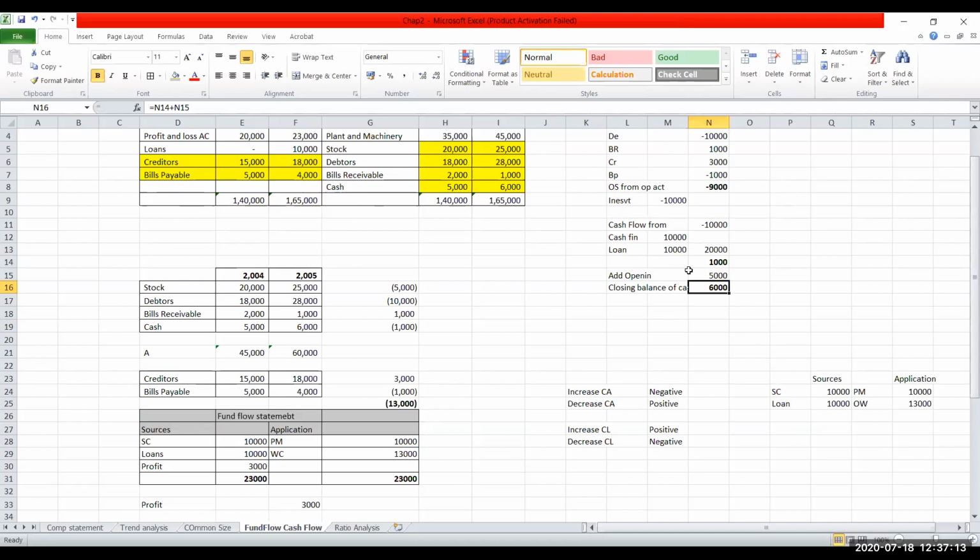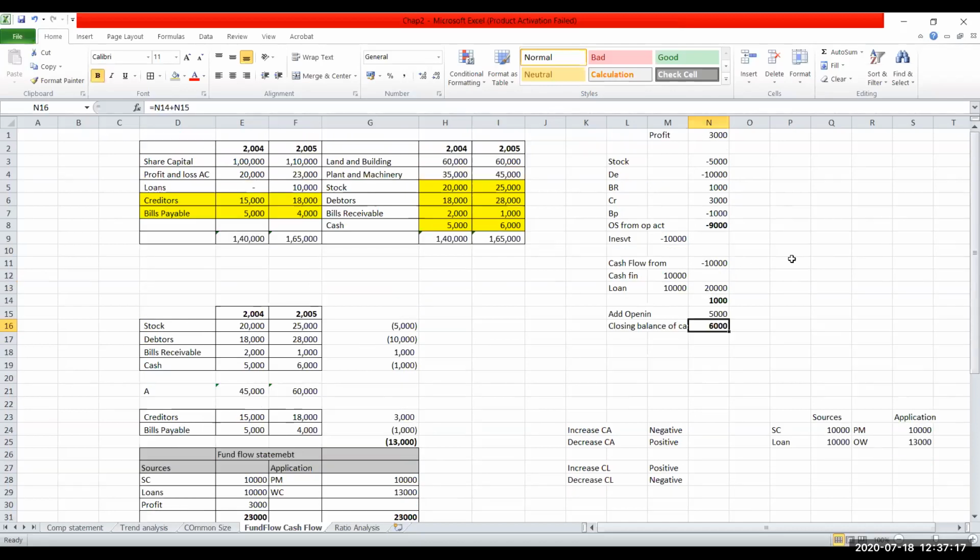So here you get what is the cash: last year it was 5,000, this year it is 6,000, and what is the profit, how the profit is reconciled. And one more thing, if there is a depreciation, you should add back here. You know why you should add back depreciation? Because depreciation is a non-cash item. You would have taken that in your profit and loss account, but depreciation will not have any impact on your cash.